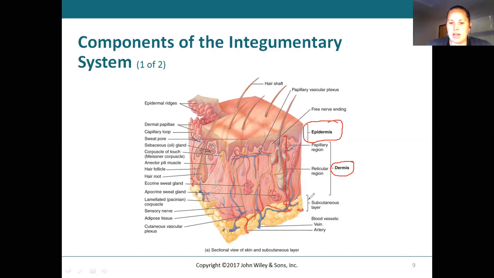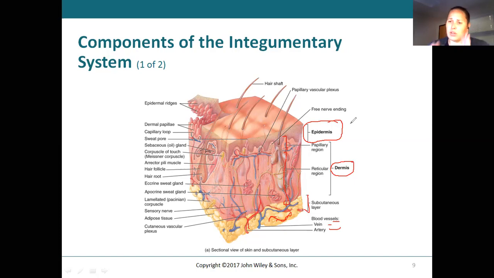And then the subcutaneous layer that you see here is composed of those adipose tissue. That's what these are, those fat cells. You can also see there are blood vessels as veins and arteries that are creating vascularization in this region. You'll notice that there's a lot more vascularized regions there in your dermis. Your epidermis doesn't have as much vascularization, and we'll talk about how those two layers are different.